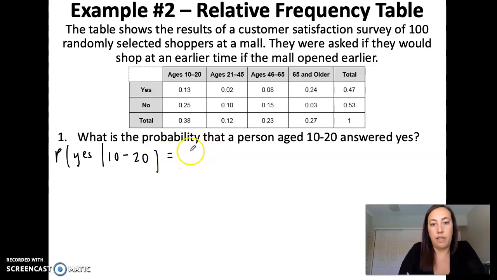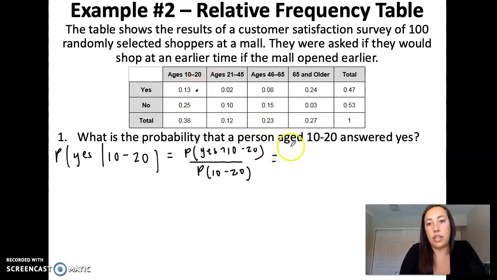Using that formula, we have the probability of yes and age 10 to 20 divided by the probability of being aged 10 to 20. Yes and 10 to 20 is that 13%, and the probability that someone is aged 10 to 20 is a total of 38%. In our calculators, we do 0.13 divided by 0.38, and we get 0.342.